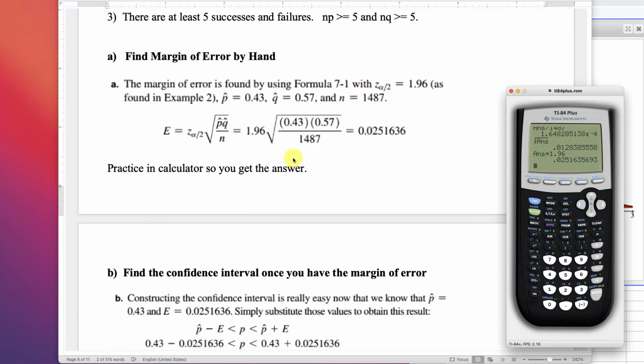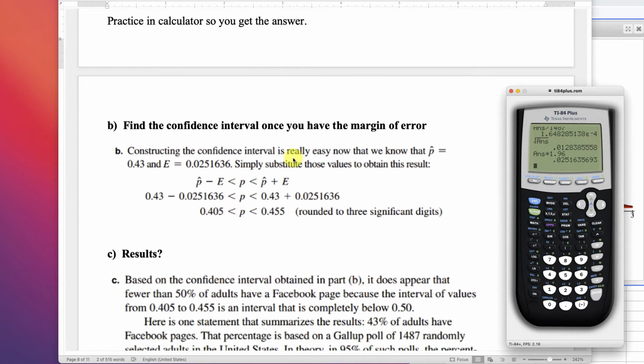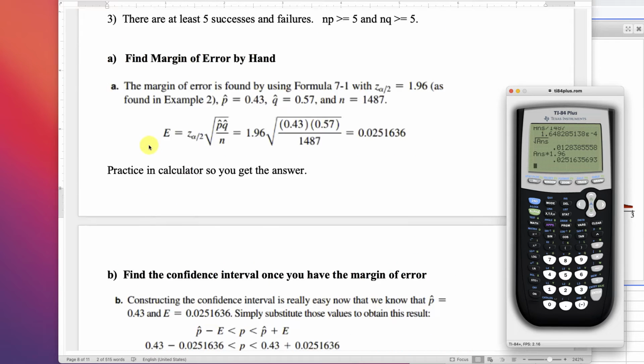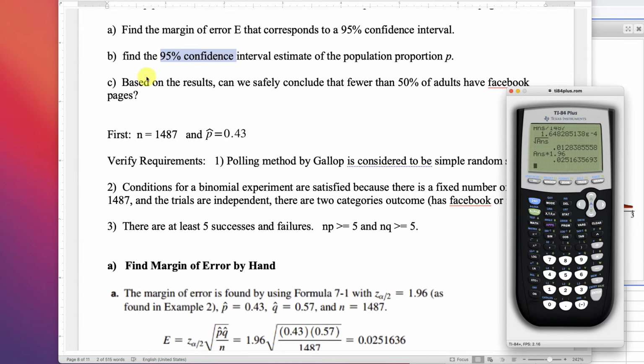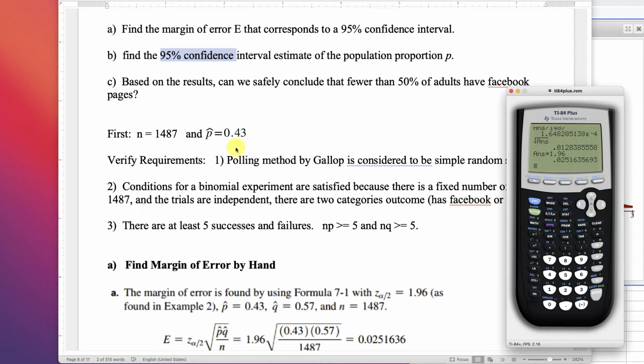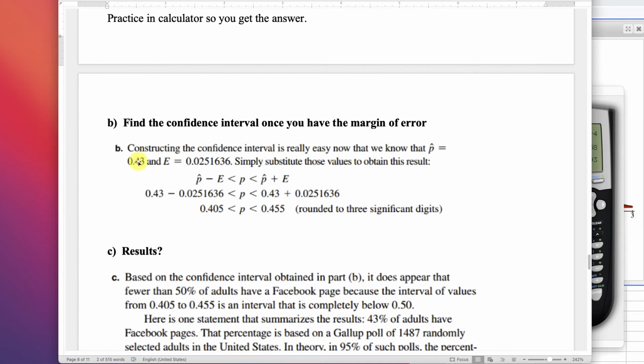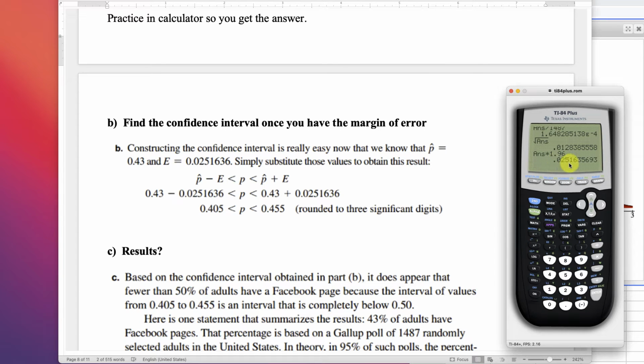All right, let's continue down. Since we have the margin of error, we can find the confidence interval. So the question for part B was find the 95% confidence interval of the population proportion p. Well, we have that error, so now we just need p hat, which was the 0.43, and our error here, which is 0.02516636, and we just add it and subtract it.